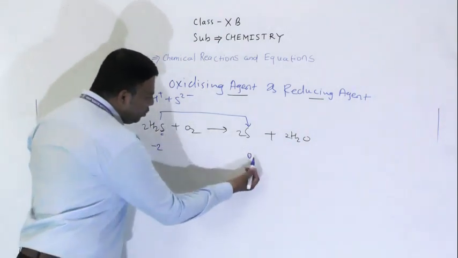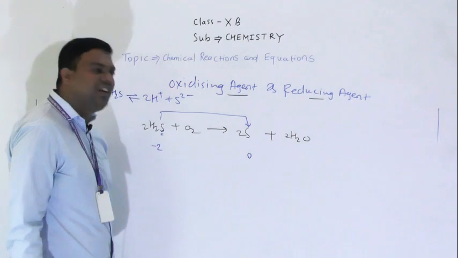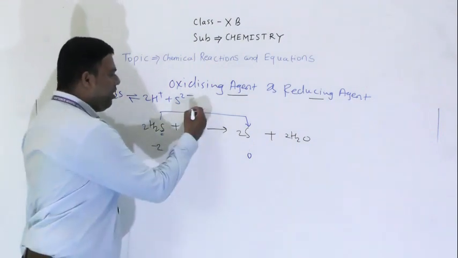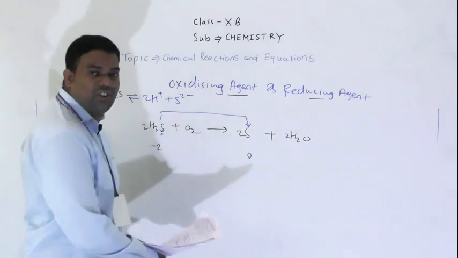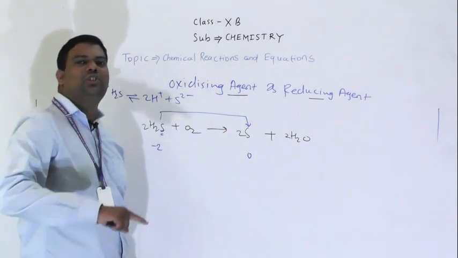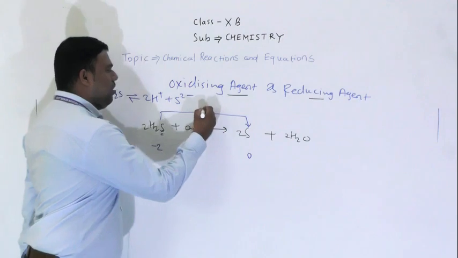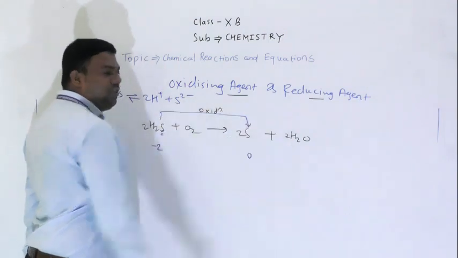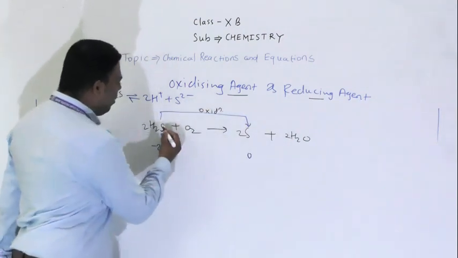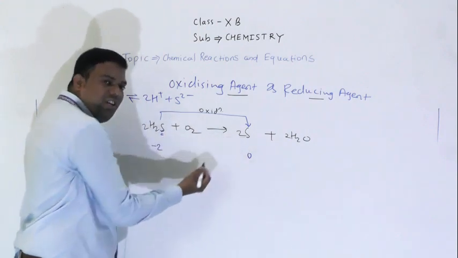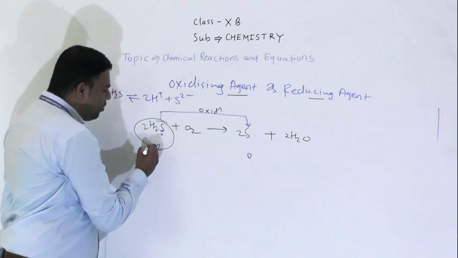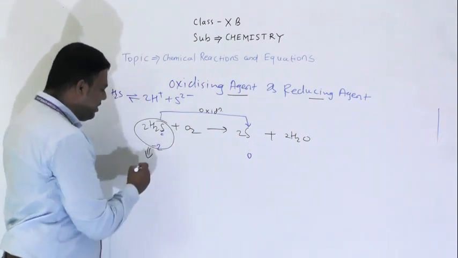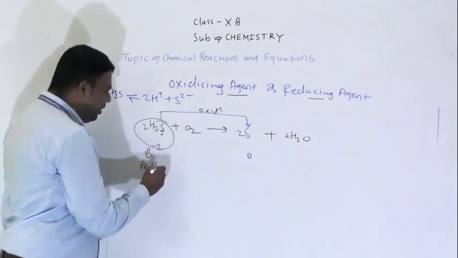So -2 to 0, the charge increases. Increase in oxidation number is oxidation. So H2S to sulfur is oxidation, and we call this H2S a reducing agent.